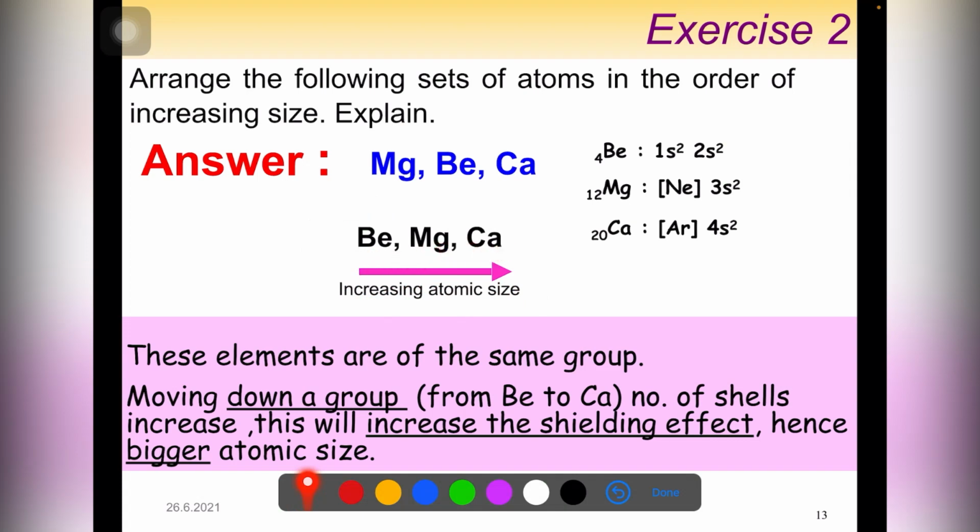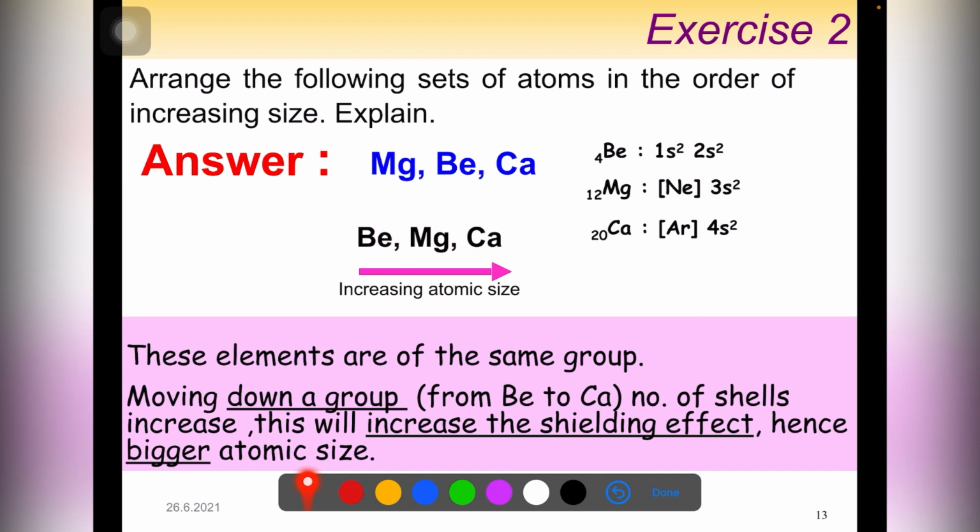If the question asks you to rank, you may rank like this, putting commas, but it must be complete with the arrow and you state the increasing atomic size. If you don't want to draw the arrow and write the increasing atomic size, you can use the greater than symbol: calcium greater than magnesium greater than beryllium.